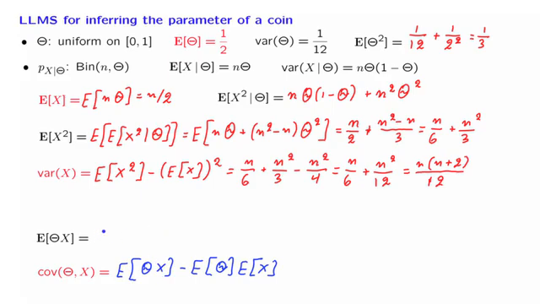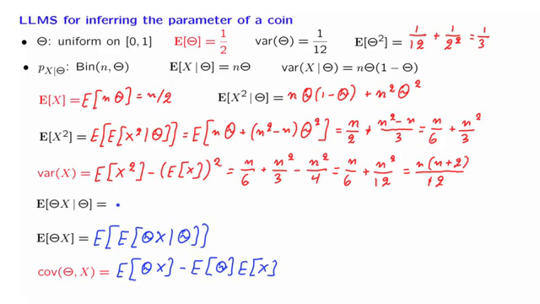Once more, it's going to be the same trick. We're going to condition on theta and then use the law of iterated expectations. So the law of iterated expectations, when you condition on theta, takes this form.